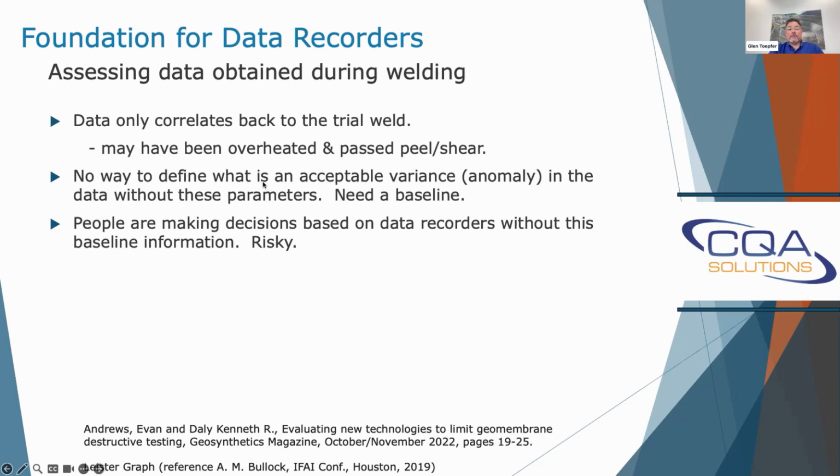I'll show you a slide in a few moments about the anomalies for those of you that aren't familiar with the data recorders, but there has to be some sort of a baseline there that gives you a parameter to define what's acceptable and what isn't acceptable. And then, my third concern with data recorders is people are making decisions based on them without the baseline information, and I think that's a risky proposition.